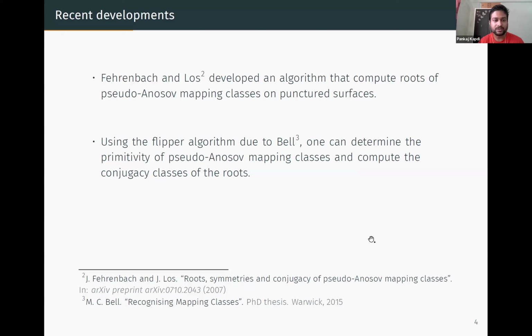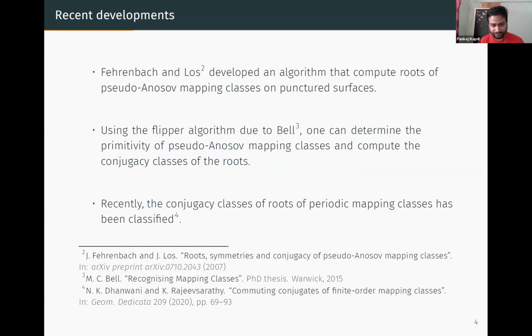Later on, using the flipper algorithm due to Bell, one can determine primitivity of pseudo-Anosov mapping classes even on closed surfaces, and one can compute the conjugacy classes of their roots also. This algorithm is implemented in Python.